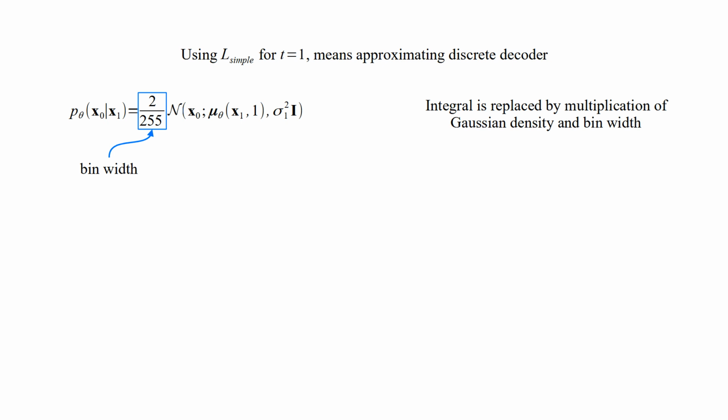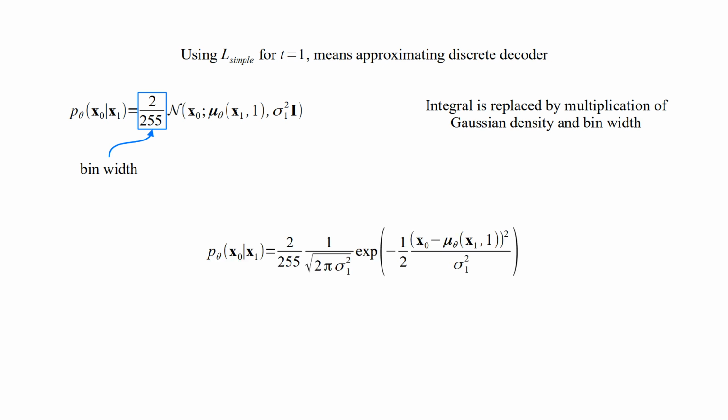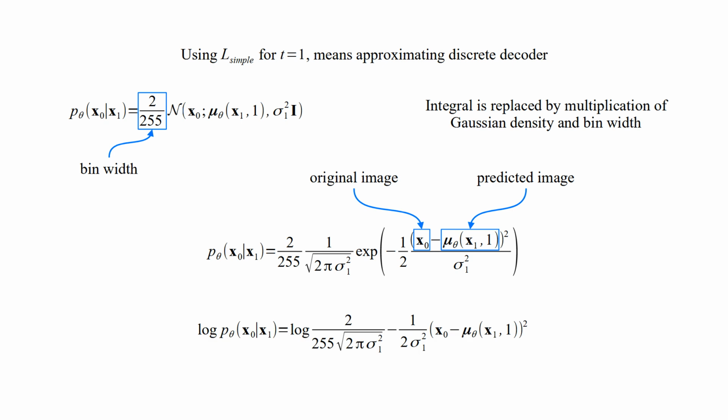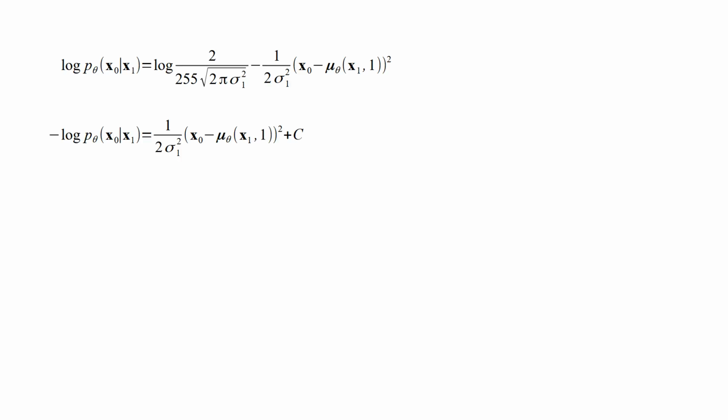Let's write functional expression of Gaussian. X0 is the original training image. Mu theta is the predicted image. Take log of both sides. C is constant with respect to theta.